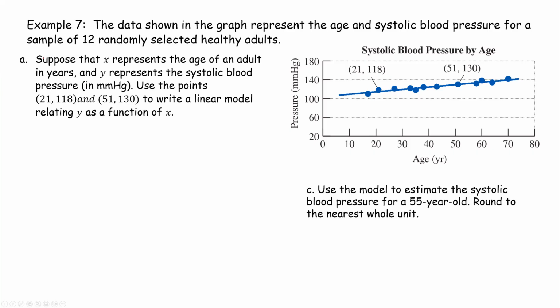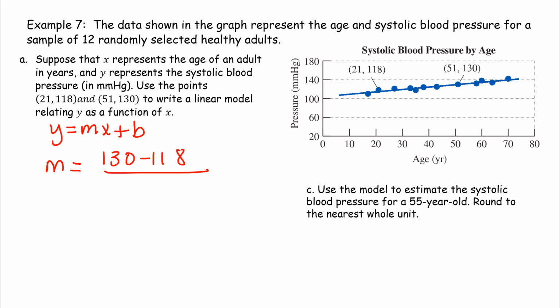So we're going to write an equation y equals mx plus b. And to find m, we're going to subtract the y's over the difference in the x's. So 51 minus 21, and that's 12 over 30, which is going to be 2/5.